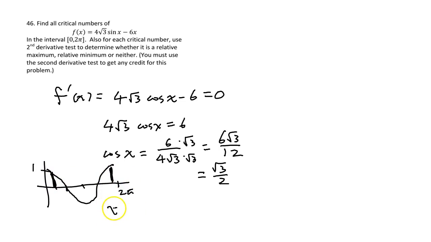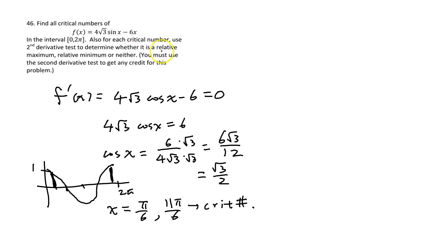The actual values where cosine x is equal to radical 3 over 2 are pi over 6, or the 30 degree one, and the other is 330 degrees, or in terms of radians, 11 pi over 6. Those are the places where you have the critical numbers.